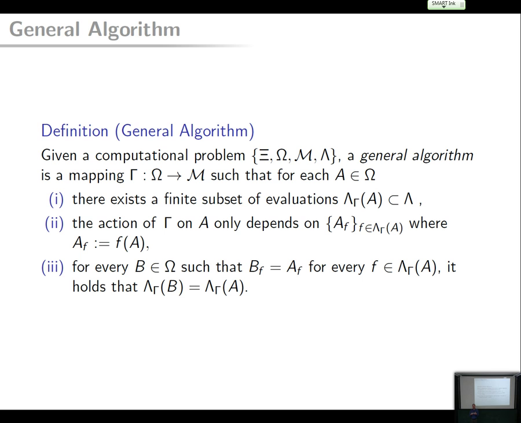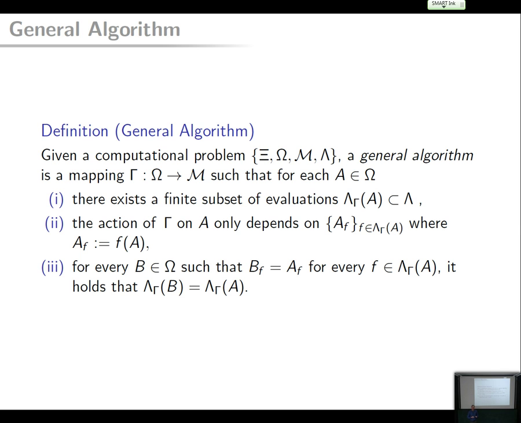I can only take a subset. I'm going to work with a digital computer. The finite set of information can be adaptive. It can depend on the input. Then the action of my algorithm can only act on a string of numbers.